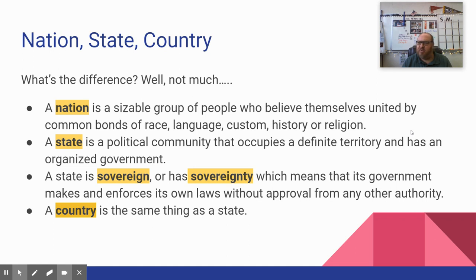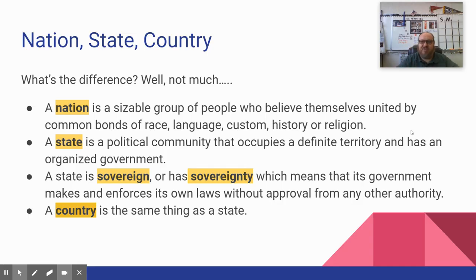It could be race, language, custom, history, religion, any kind of value systems. So a nation doesn't necessarily have to have boundaries. A nation could be just a group of people, okay? Just a group of people. They don't have to have boundaries. They just have to be a group of people united by something in common, okay?